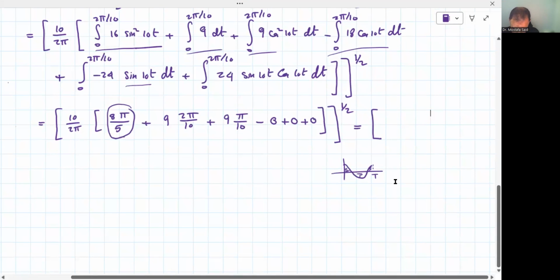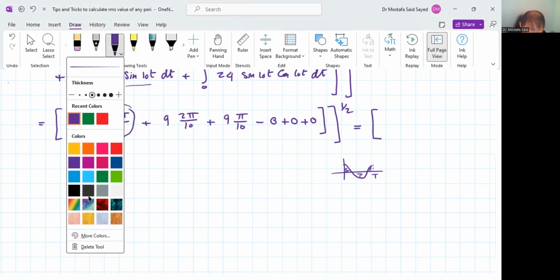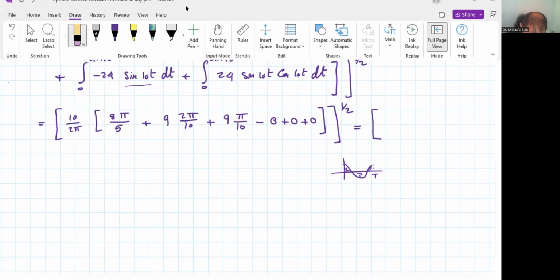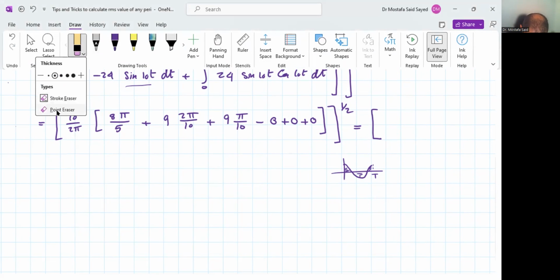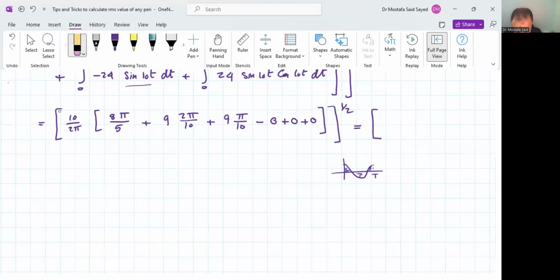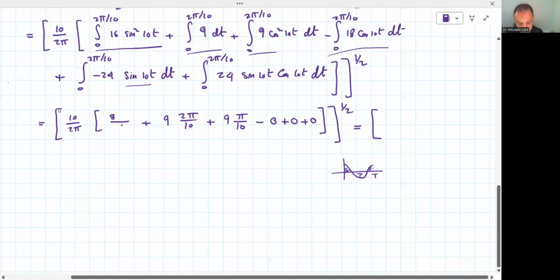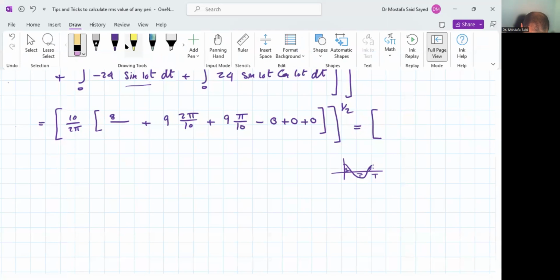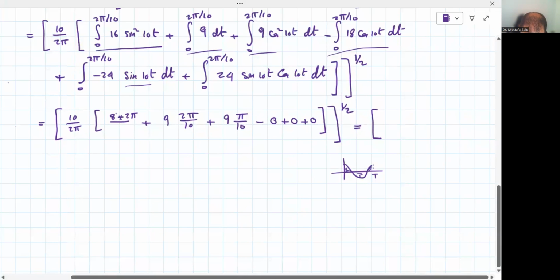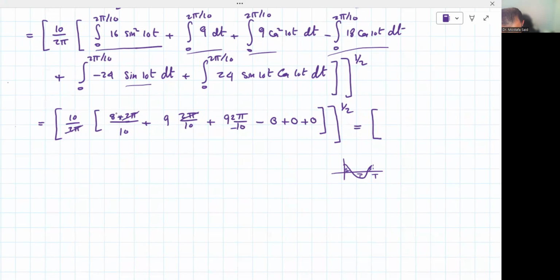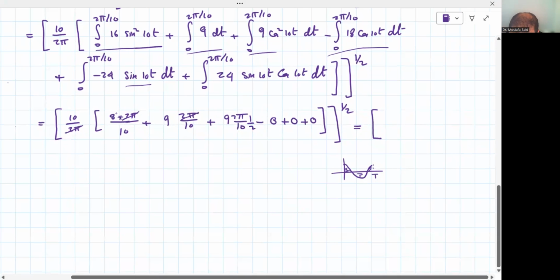Okay. So I'm gonna write this here that way. I'm gonna write it as 2 pi over 10. Pi over 5, it's 2 pi over 10. Why? Because it will be very easy to cancel everything out. And here put 2 pi, and put 2 here and put half here.